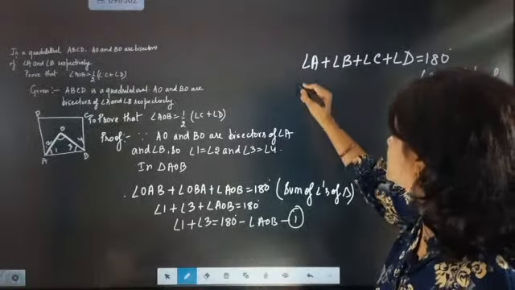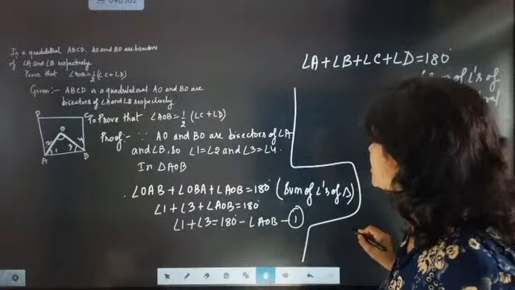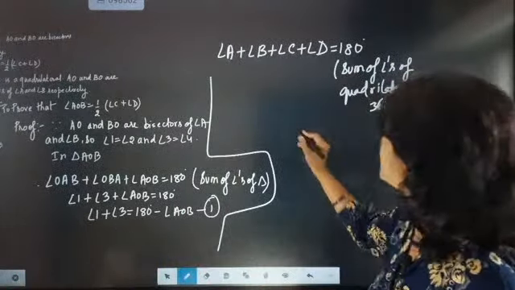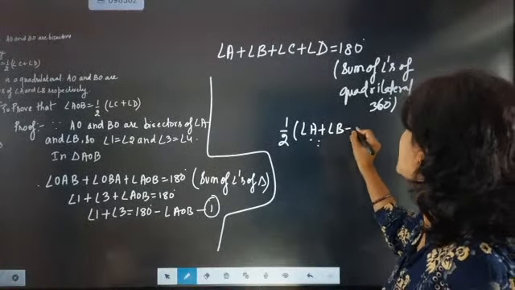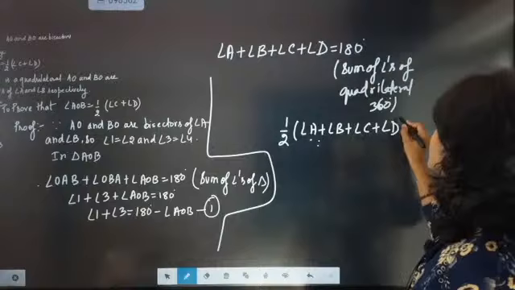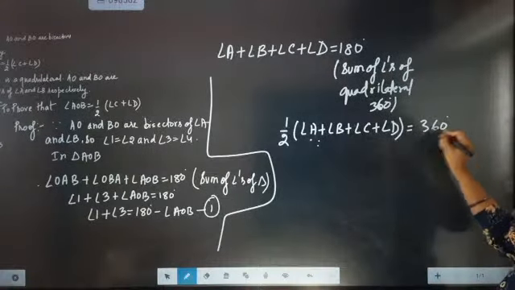Because after this, the next important responsibility is to just make half of it. So half of angle A plus angle B plus angle C plus angle D equals 360 degrees by 2.